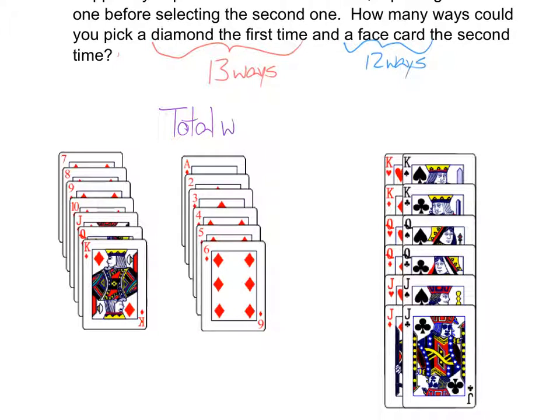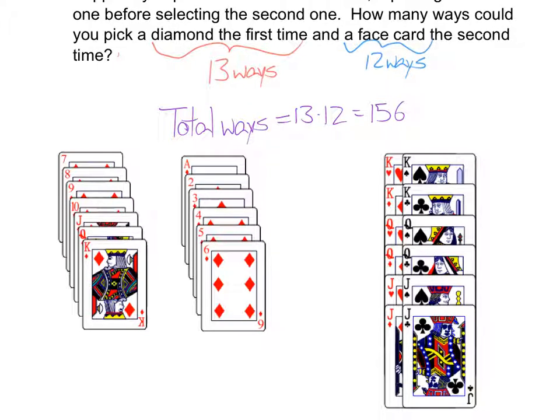Very good. We're going to multiply. It's 13 times 12. Okay? So there is actually 156 different ways that you could do that. You might say, well, how in the world do we get that many different ways?